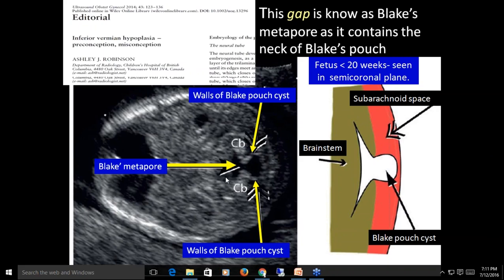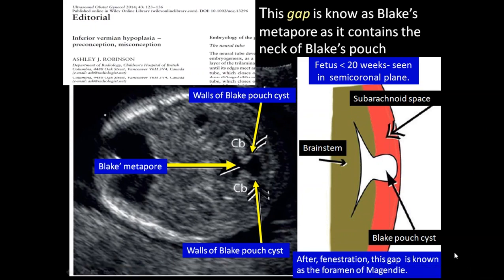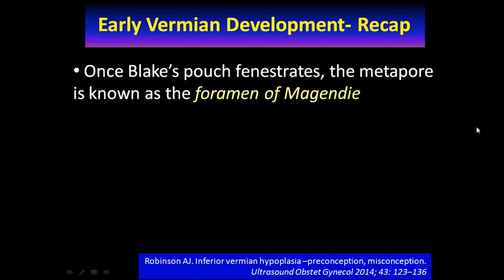Next we have an ultrasound depicting the same picture. Usually you can see this in fetuses at less than 20 weeks gestation if your ultrasound plane is semi-coronal. After fenestration occurs, this gap is known as the foramen of Magendie.